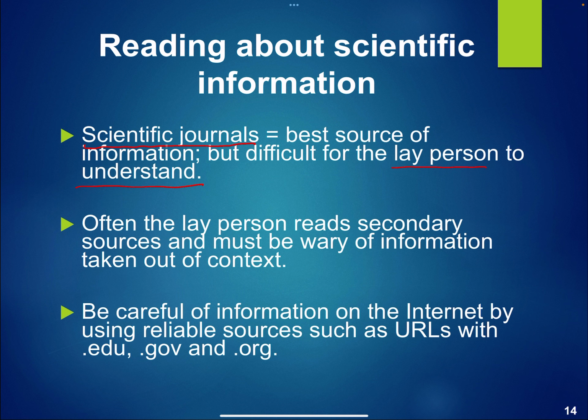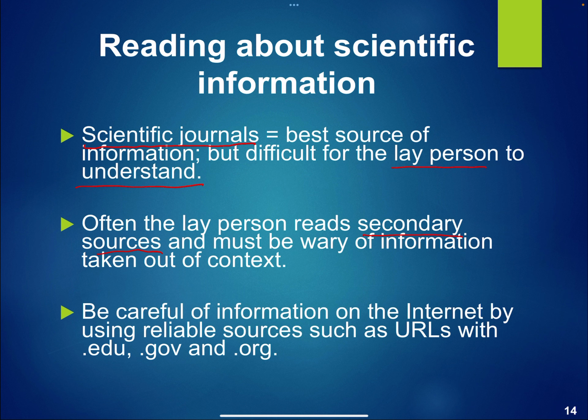So often the layperson is going to benefit from reading a secondary source of information, where someone has to first read a scientific journal, and then they're going to summarize the information in a way that is palatable to the layperson, right?